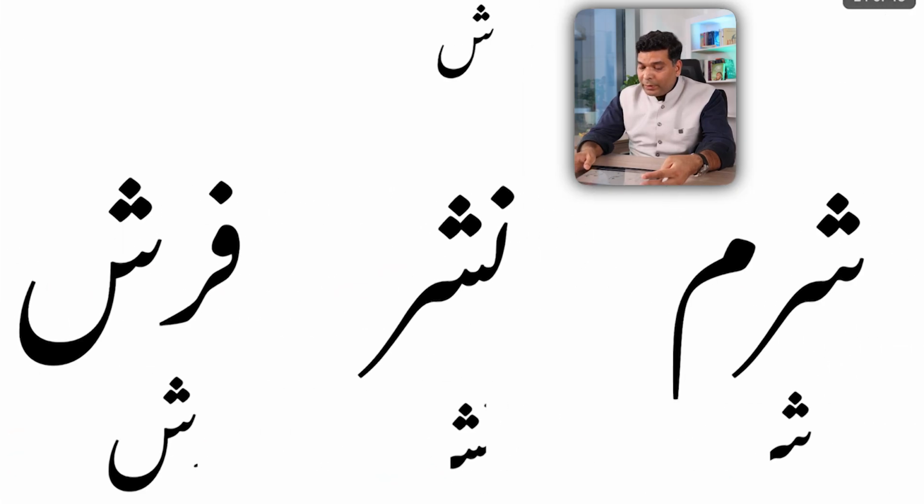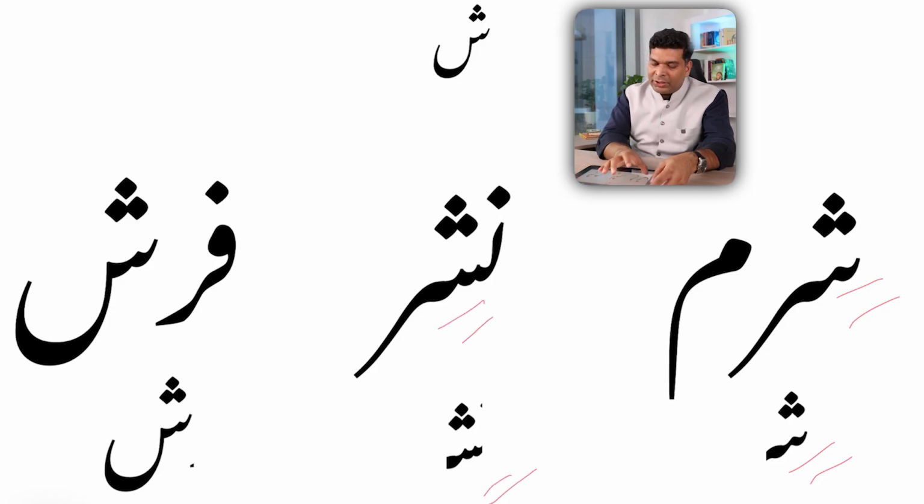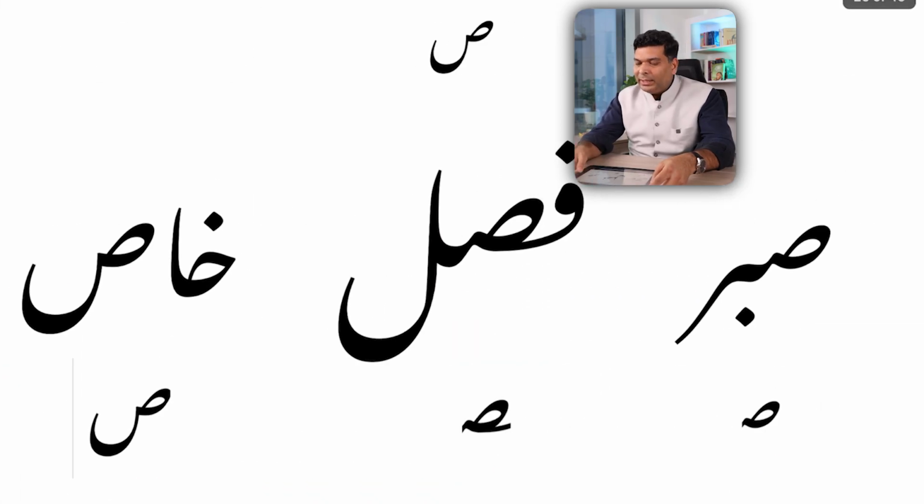Now the same logic is followed by Sheen. You will find Sheen similar to Seen, but obviously with three noktas on top, so you know it is Sheen. In Sharm it is truncating in the beginning. In Nashr it is truncating in the middle. And in Farsh it is retaining its shape fully. All right? The same logic applies to Saad and Zaad.